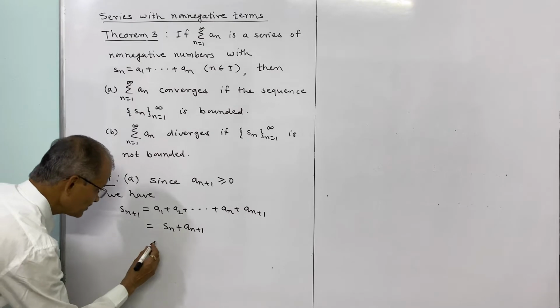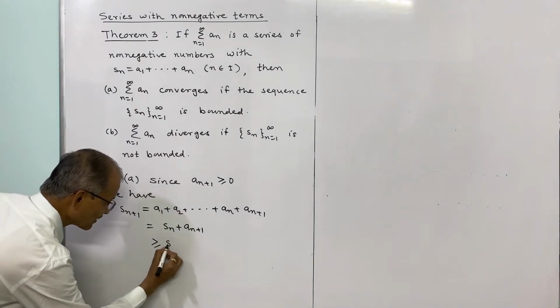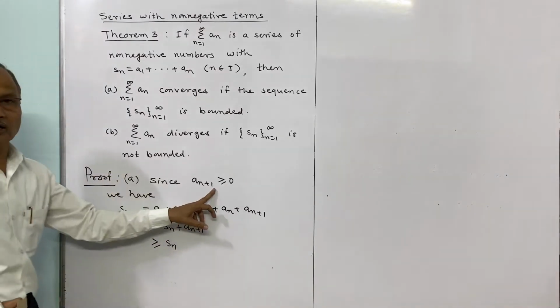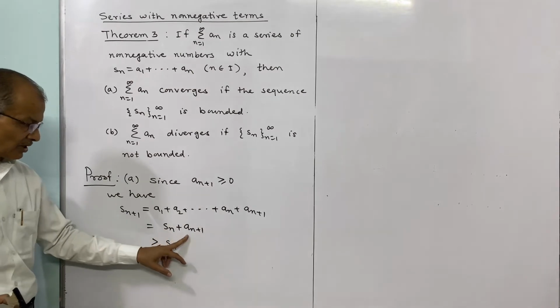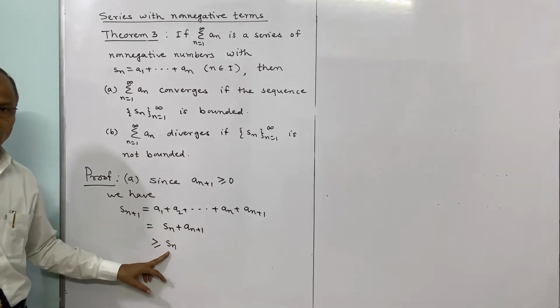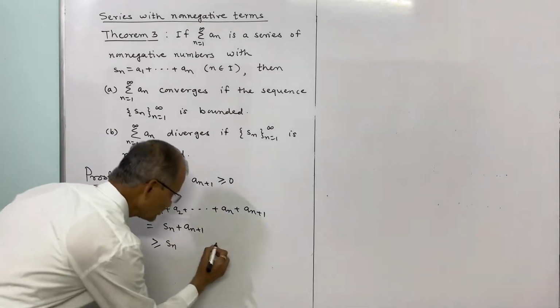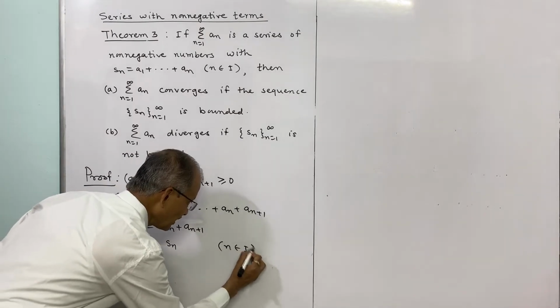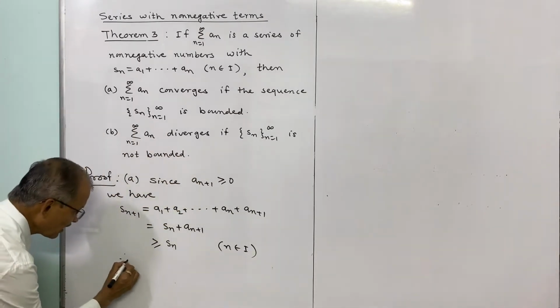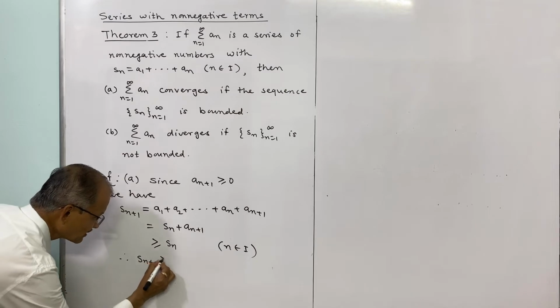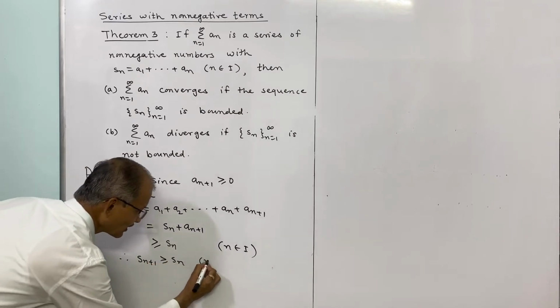So Sn plus a non-negative quantity is greater than or equal to Sn. That is, S(n+1) is greater than or equal to Sn for n belongs to the positive integers.